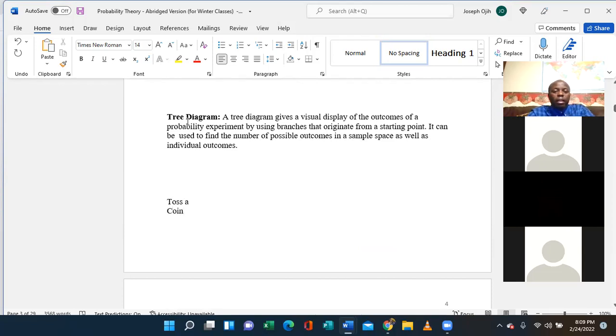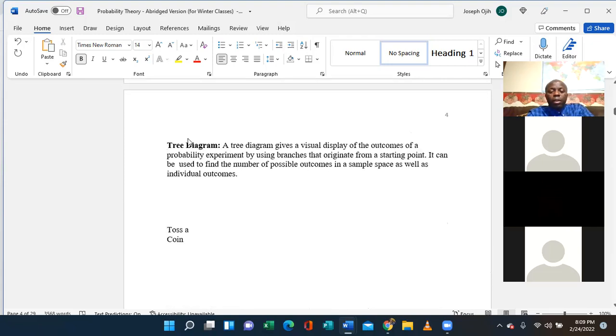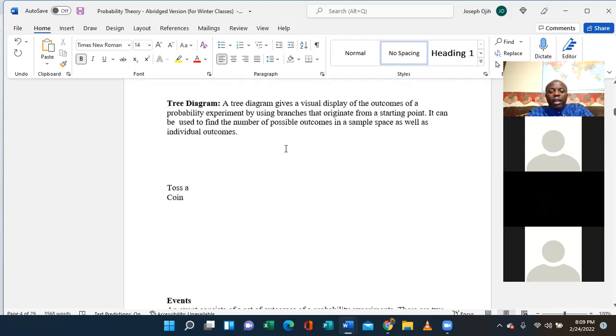Then we can use a tree diagram to present the outcome. Toss the coin once. I'm putting it up so we can have enough room. So the outcome can be on this spot. Outcome. Okay.